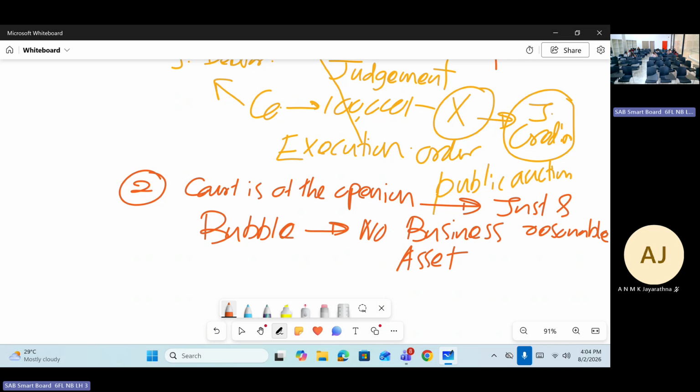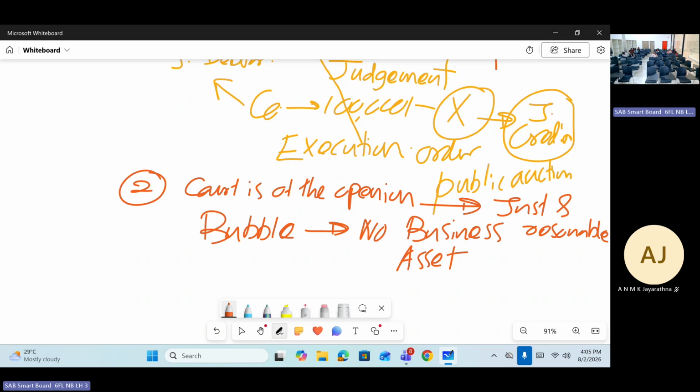Thereafter, we consider the steps in winding up by court. But when we go through the notes and all that, we are unable to identify what the steps are. It's not clear. But there are very simple steps to be taken.